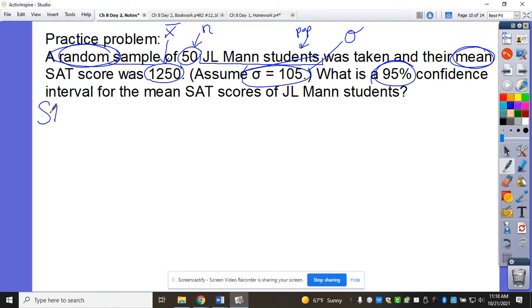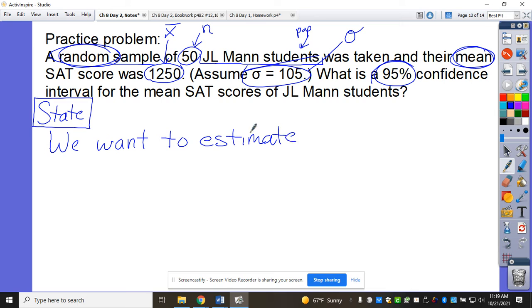Alright, so state. What do we do for state? What does it start with? So we want to estimate something. What is it that we're estimating? Which is the true mean SAT scores.